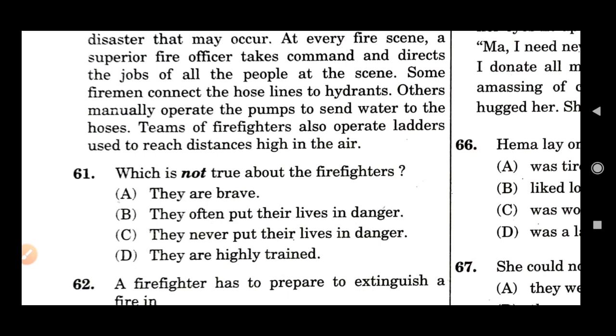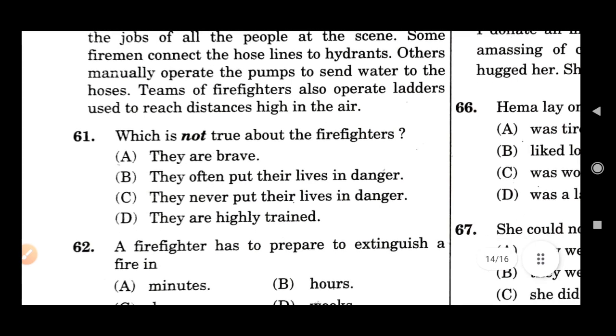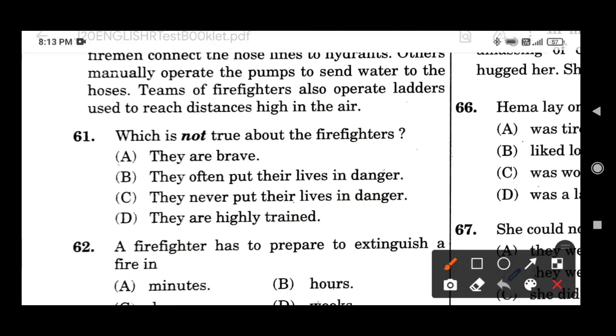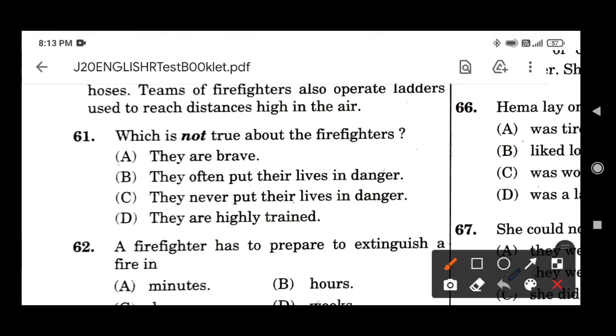Which is not true about the firefighters? So here the 4 options are given. They are brave. They often put their lives in danger. They never put their lives in danger. They are highly trained. See friends, if we read the passage thoroughly, then only we can identify the answer.